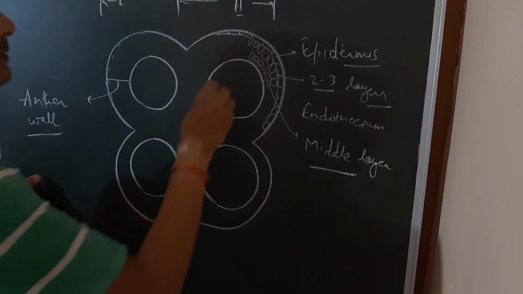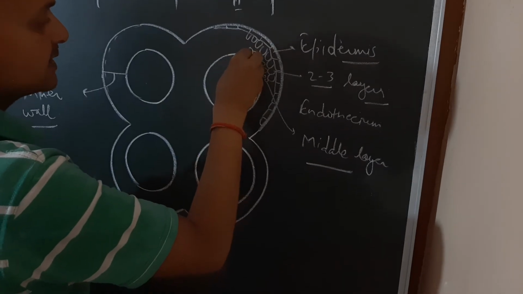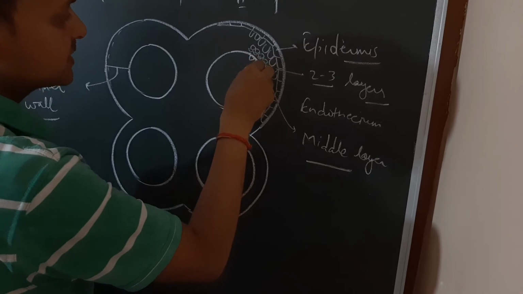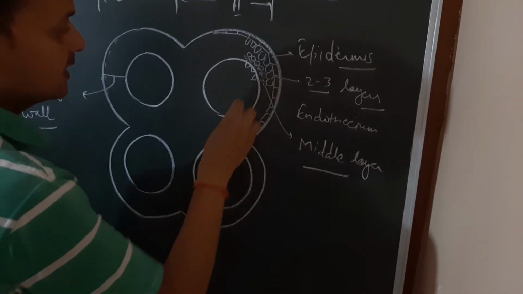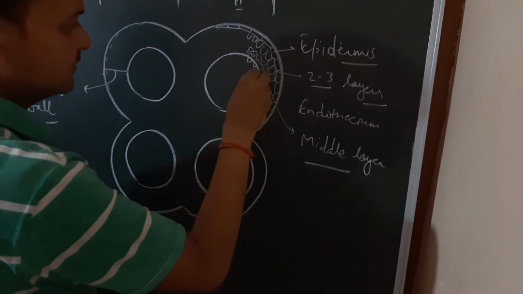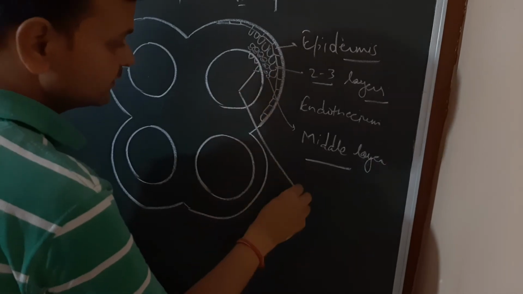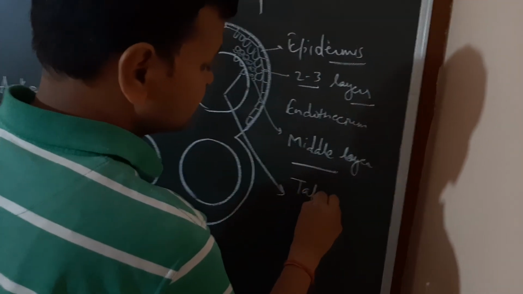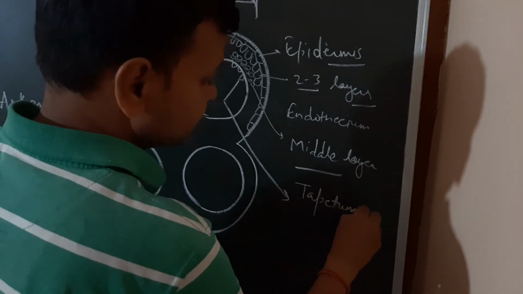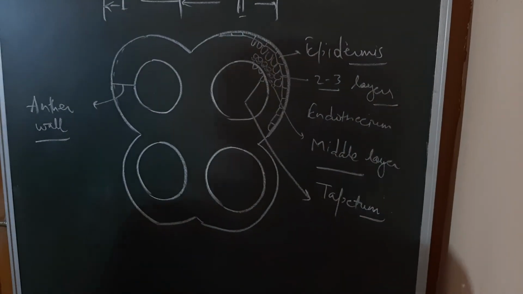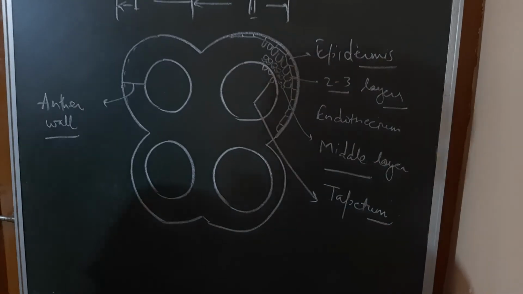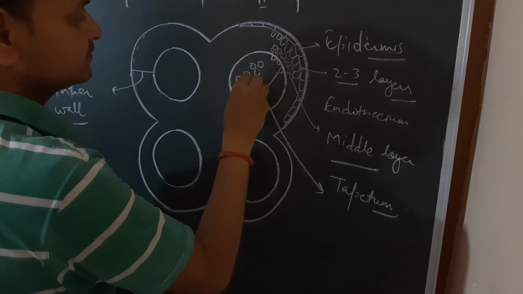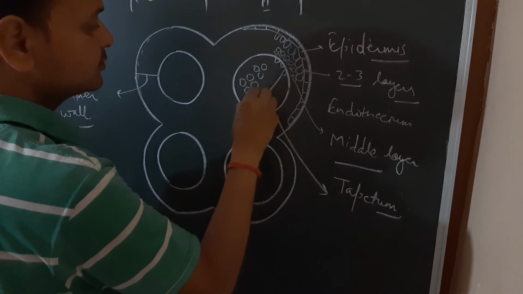The inner lining of the microsporangia is made up of pyramidal shaped cells, and this is called tapetum. This tapetum is responsible for providing nourishment, because inside there are archesporial cells present. We are talking about the immature microsporangia.